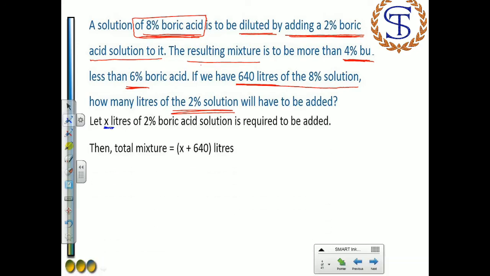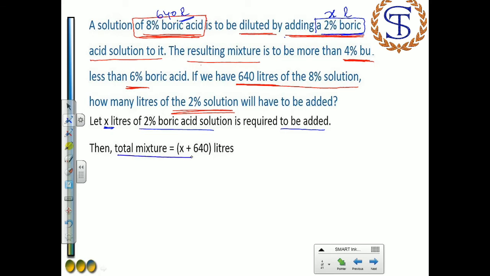So let X liters of 2% boric acid solution be required to be added to 640 liters of 8% boric acid solution.